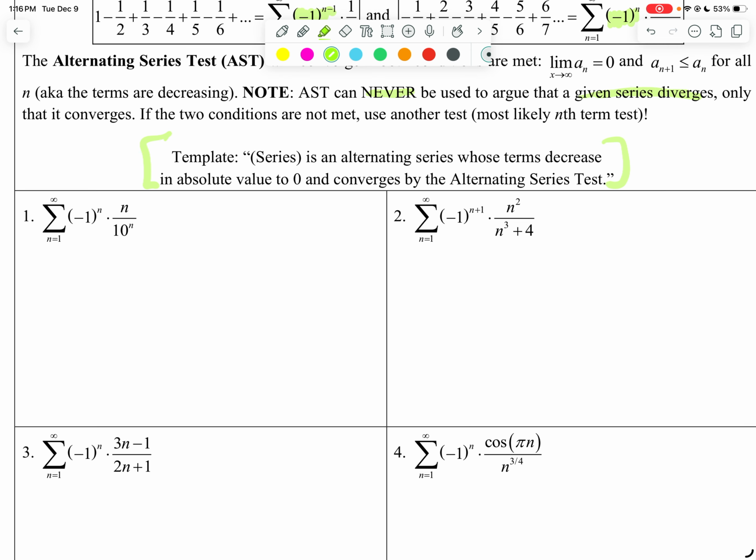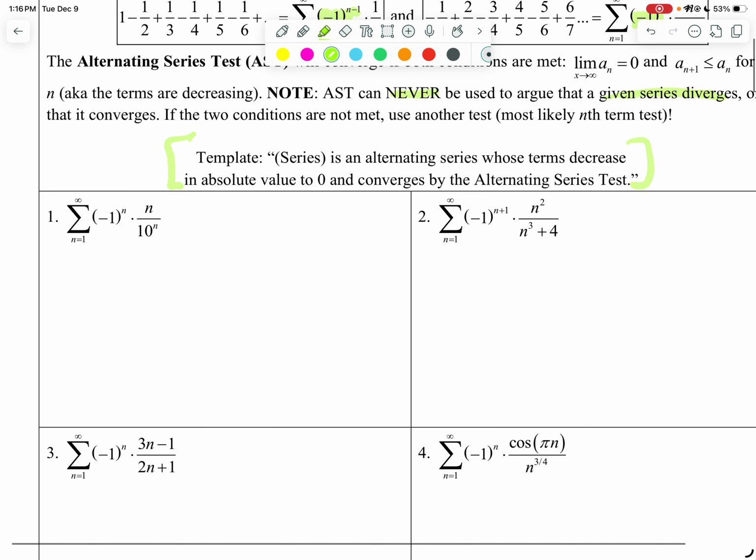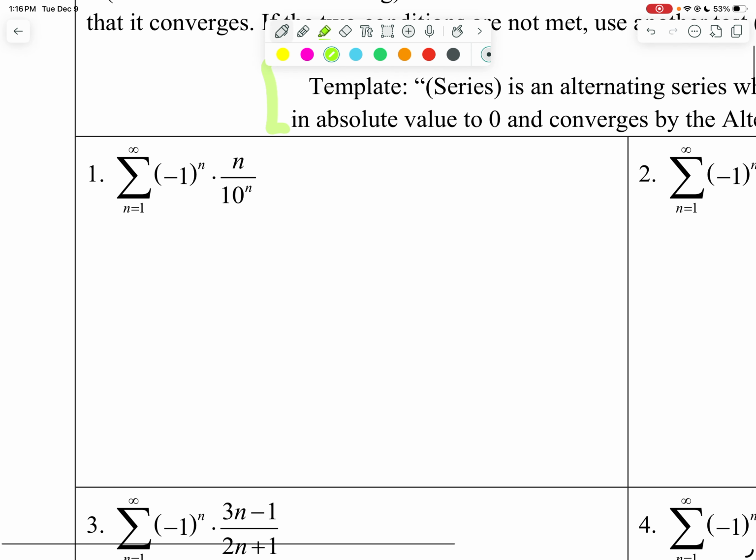But with number 1 here, I'm just going to state the conditions and then hope for the best in terms of it being true. So the first thing that I'm going to do with number 1 is look at my limit. And whenever I look at my limit here, I am only looking at the limit of my sequence, so the n over 10 to the n.